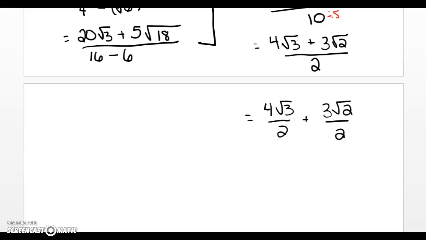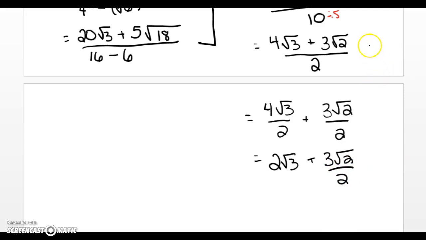Hopefully this makes a little more sense about why we would break this up, because we can simplify this 4 divided by 2, which is just 2. So you're left with 2 square root of 3. And then you can't actually do anything to this second little fraction, so we're just going to rewrite it as 3 square root of 2 all over 2.